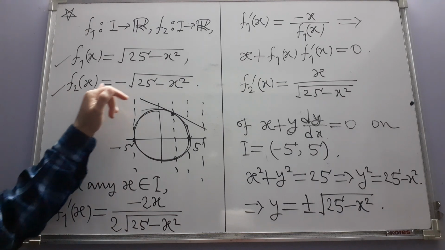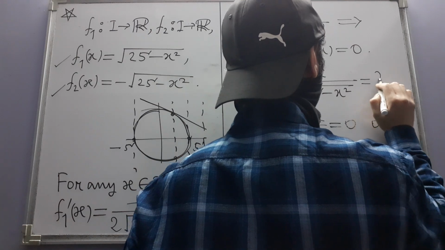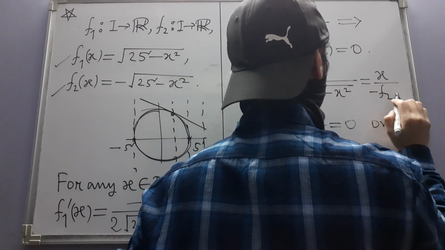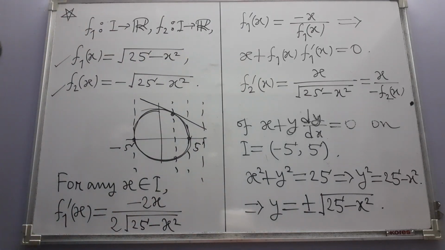However, f2 is minus of this, so this is x divided by minus f2 of x.